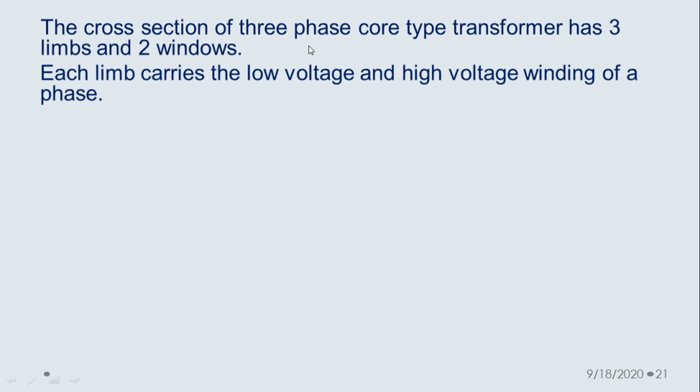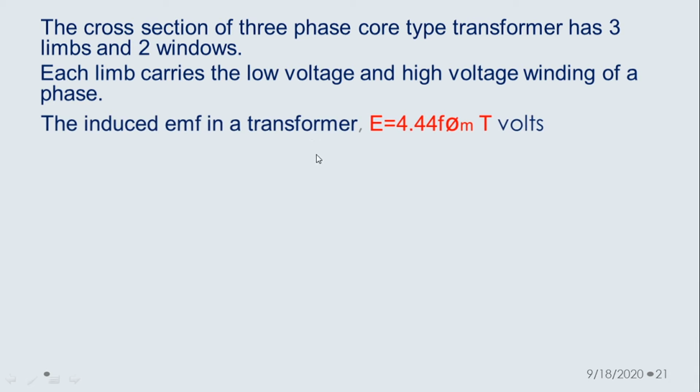The cross section of the three phase core type transformer has three limbs and two windows. Each limb carries the low voltage and high voltage winding of a phase. The induced EMF in a transformer is given by E = 4.44 f Φm T volts, where E is the induced EMF, f is the supply frequency and Φm is the induced flux, correct?